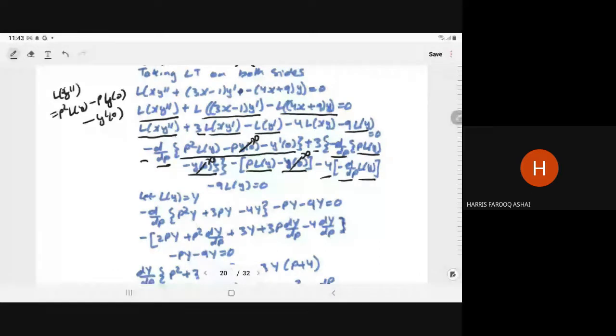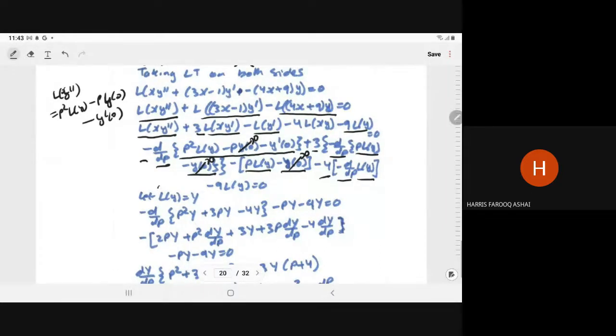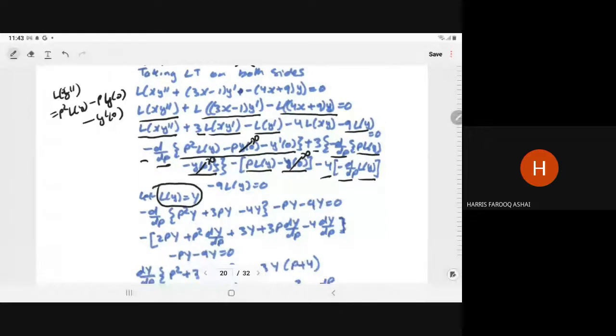And let us assume L of y we represent by the capital Y. So from here it will come minus d by dp of p square into capital Y. And the derivative of this with respect to p will be 0, because there is no term of p.